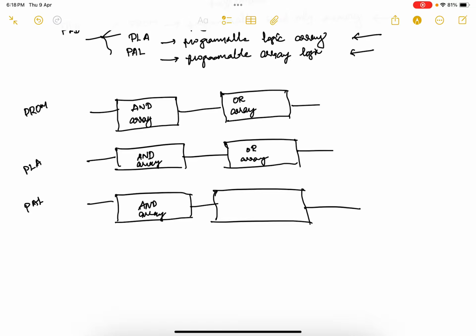But what is the difference? When I talk about the PLA, both your AND array and your OR array are programmable. When you talk about the PAL, programmable array logic, only your AND array is programmable, whereas the OR array is fixed.